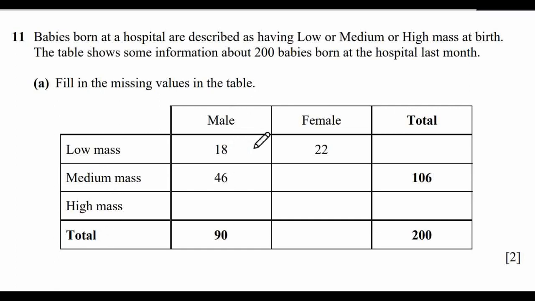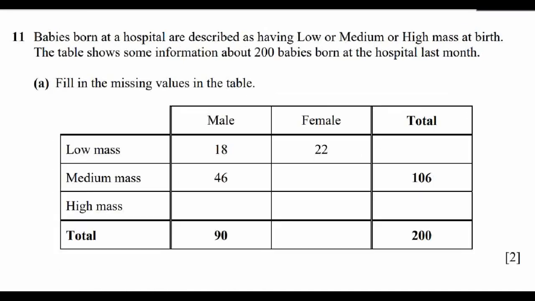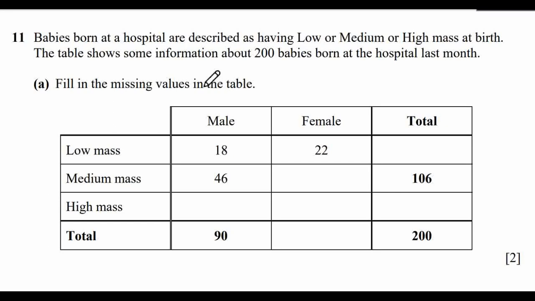Some numbers are given. Male 18, female 22 for low mass babies. Then we have to fill in the empty slots. 1, 2, 3, 4, 5, 6 slots.